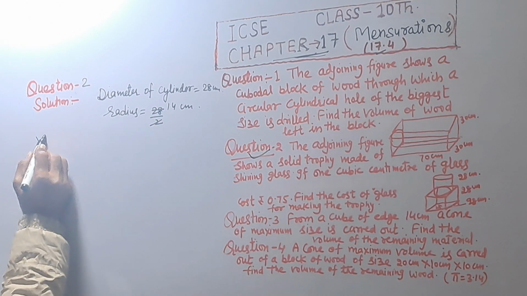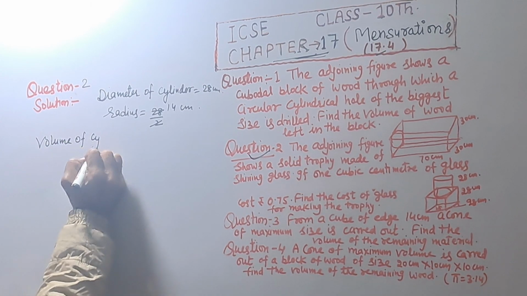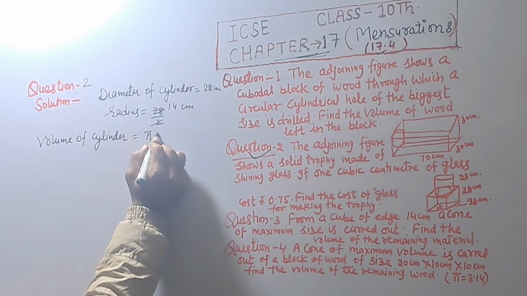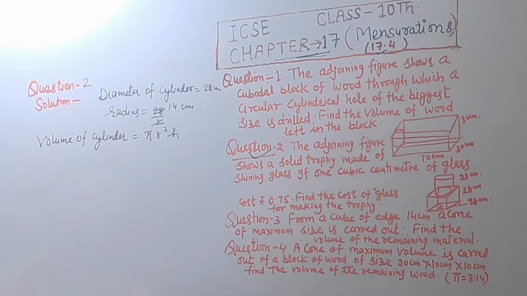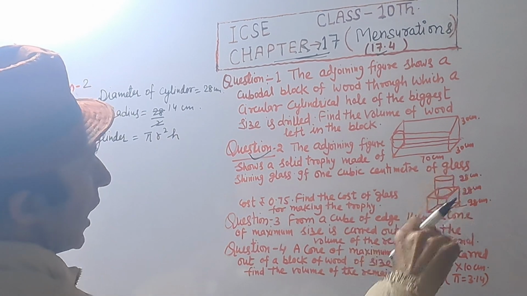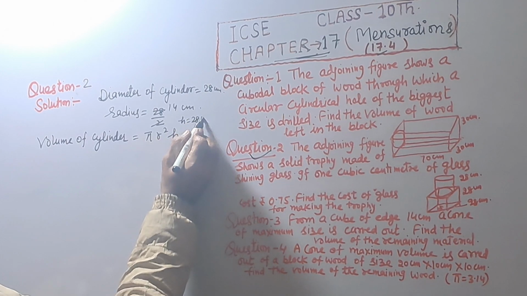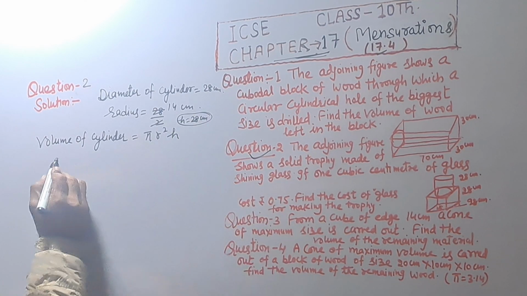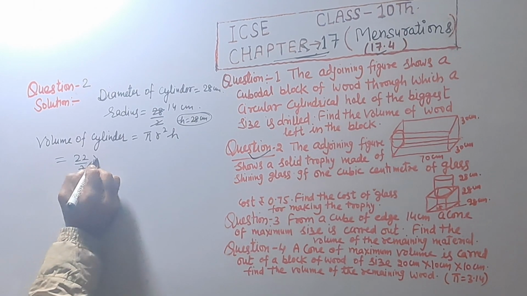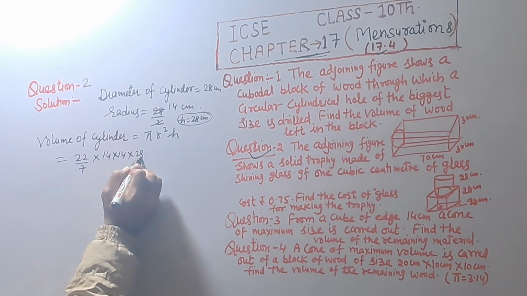And volume of cylinder is equal to pi r square h. Height of cylinder is 28, H is equal to 28 centimeter. Volume is equal to 22 upon 7 into radius 14 into 14 into 28.